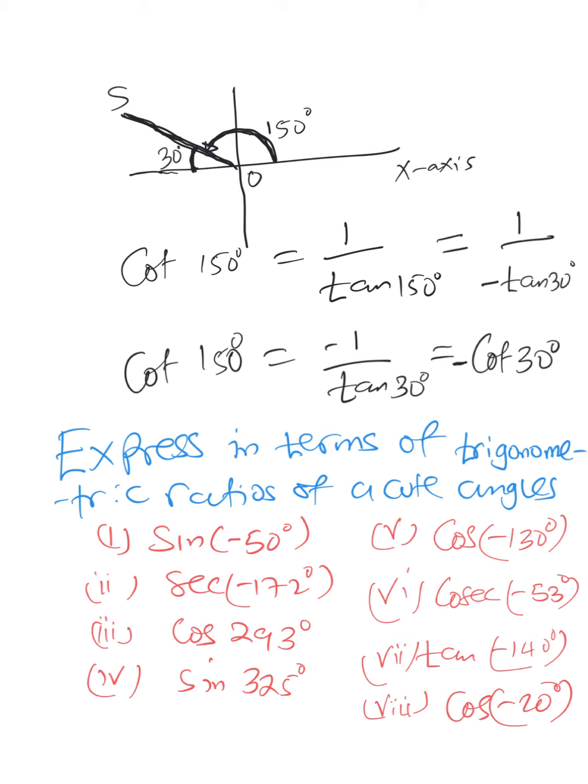So I will pick a few, maybe let me do 3, then the rest will be yours. So sine of minus 50 degrees. What you do is to locate where the angle minus 50 is. We start from the positive side of the x-axis and move in a clockwise direction.